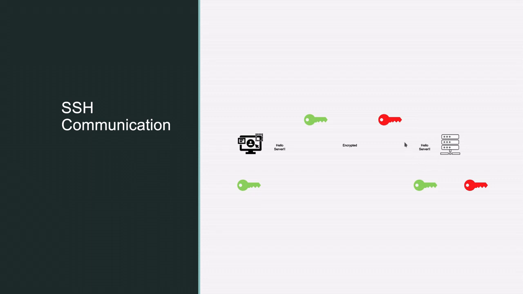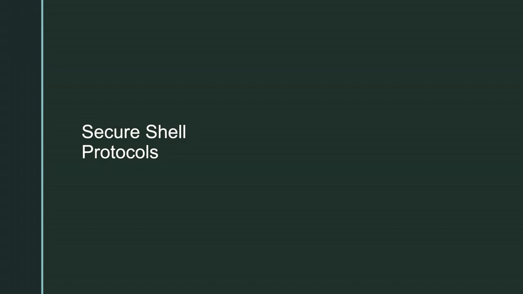The server is going to decrypt it using the private key which it holds. Once the message is decrypted successfully, it means that the message is actually received by the server. This is how the SSH communication happens between the client and server parties.